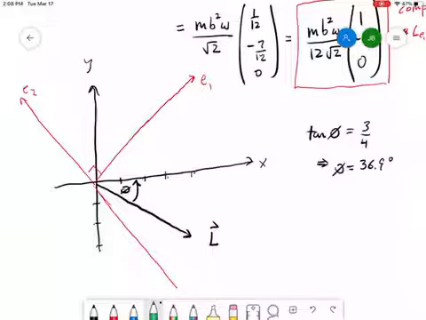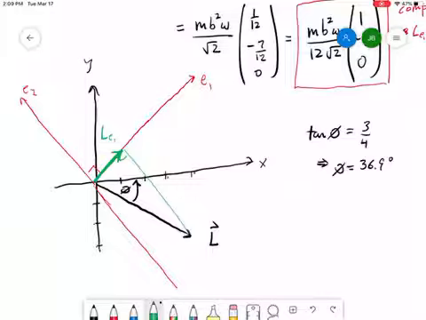So let's see if we can find an E1 component. I'm going to try and draw this back here so that this makes a right angle. The E1 component is this vector, so this is L E1.